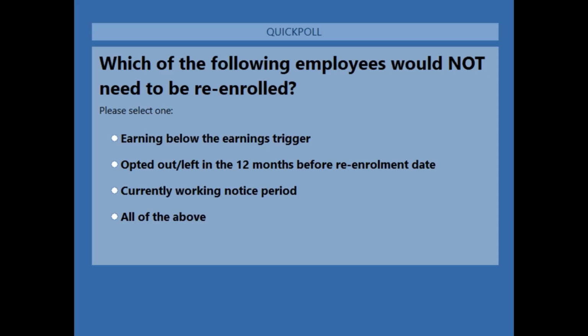Or is the correct answer all of the above? So which of the following would not need to be re-enrolled? Earning below the earnings trigger, opted out or left in the 12 months prior to the re-enrolment date, or employees currently working their notice period, or all 3, all of the above.